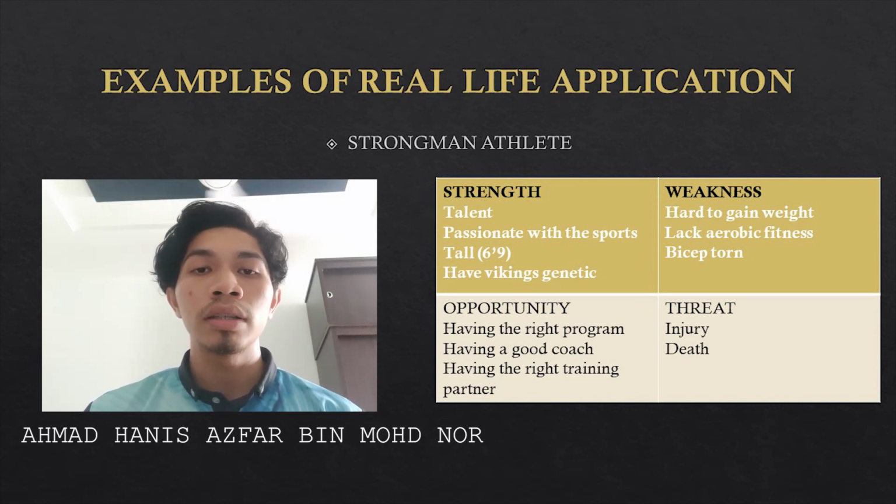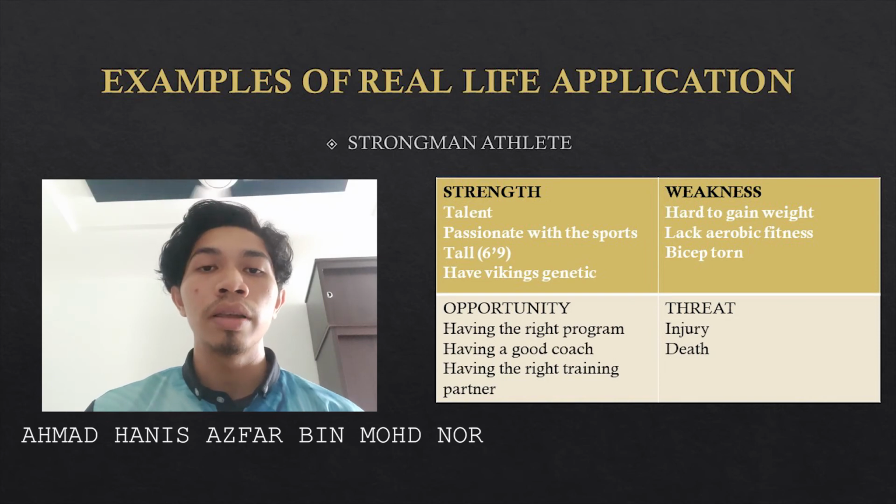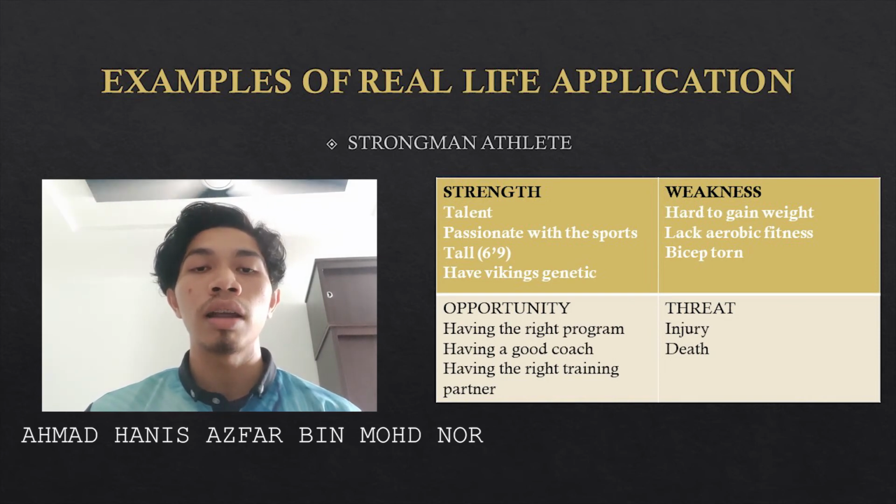Or another potential threat, in the worst case scenario, would be death. For example, during the deadlift, if you're not professional or didn't make the deadlift in the correct form or exceeded your limit capabilities, it will cause a lethal threat to your body and would cause death.